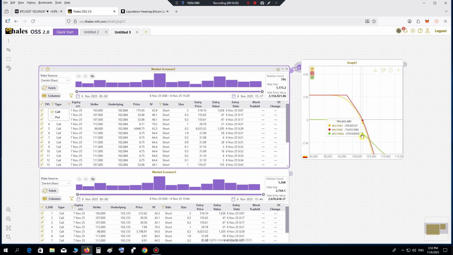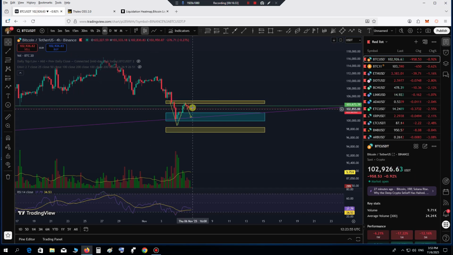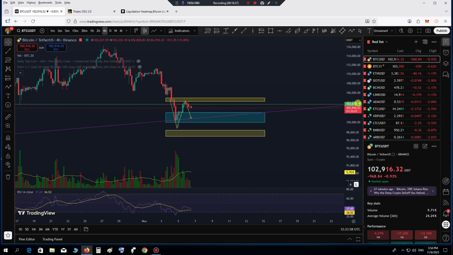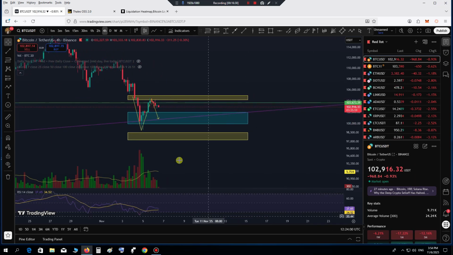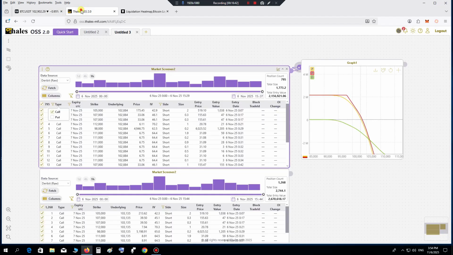They've created a ceiling which was at 103,400, and that level was noticed. This ceiling was seen again on this red candle. Look at this red candle, we went up to 104,230, while here the ceiling was seen at 103,400. So, the ceiling for the call sellers has been identified.